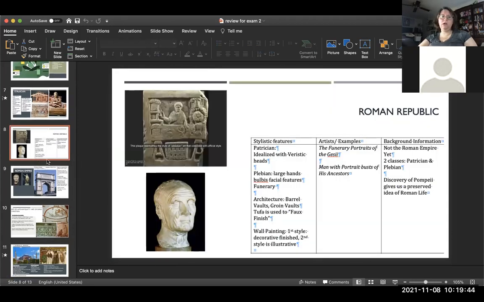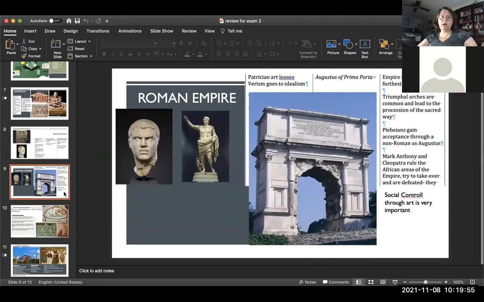Okay, and there again, that's the slide that I just showed you before we switched PowerPoint. So here's the vegetable vendor and the veristic head that we talked about. All right, let's move on from the Roman Republic to the Roman Empire. You can see that patrician art tends to lose its verism.